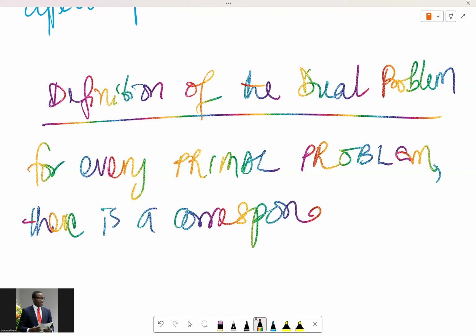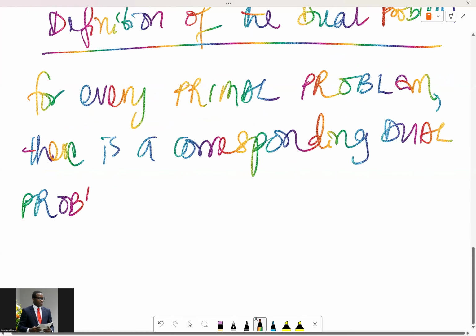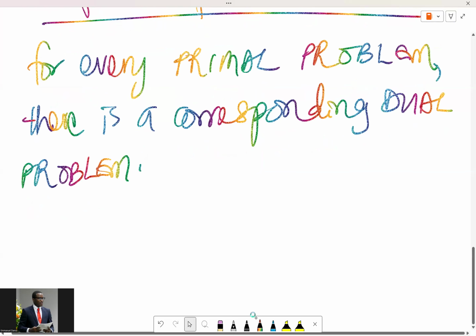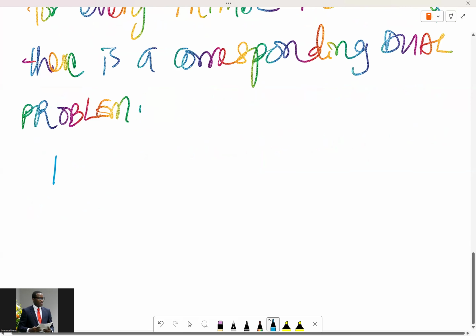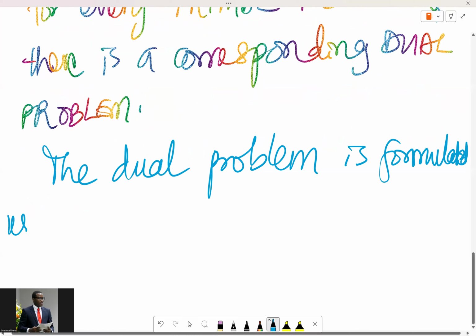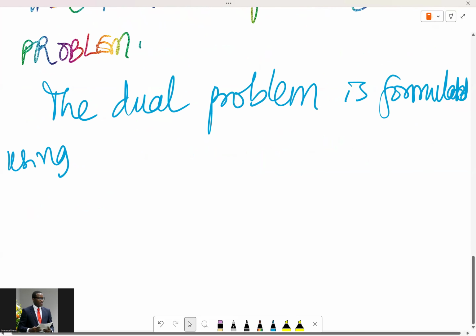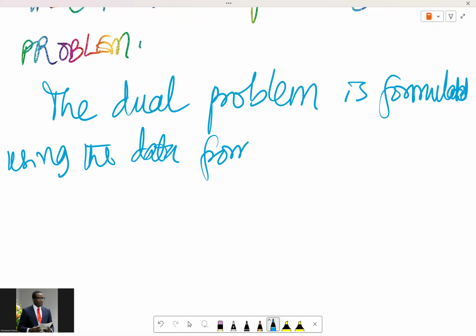Like we said before, there is a corresponding dual problem. The dual problem is formulated using the data from the primal problem.